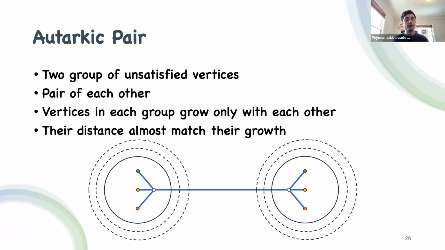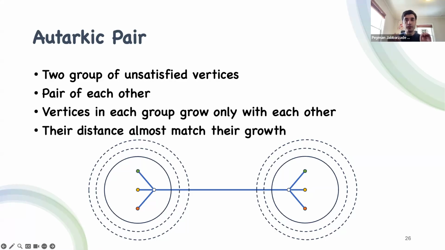And we find out that we can detect these dummy pairs through the term that we call autarkic pair. The autarkic pair is more general than this dummy pair. So what are autarkic pairs? Autarkic pairs are two groups of vertices. The vertices in one group are very near to each other, but they are far from the vertices in the other group.